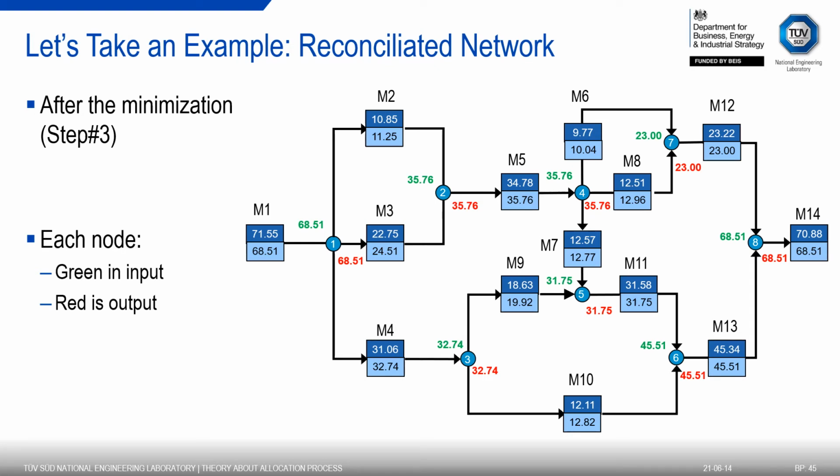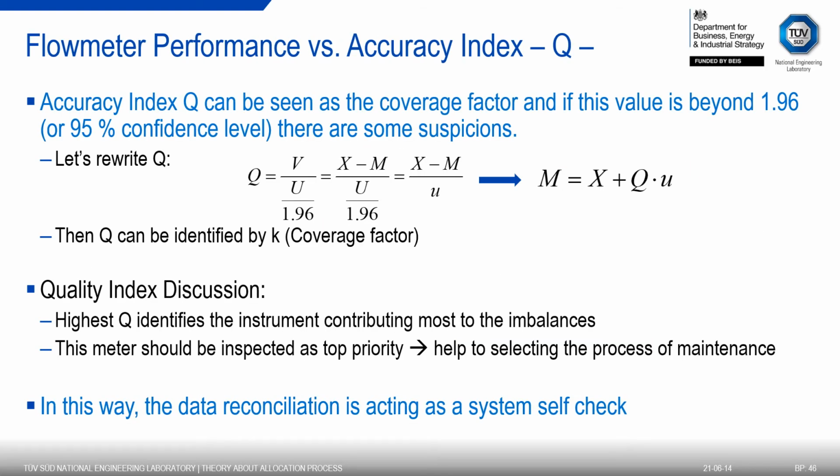So you can see how you can feel uncomfortable if you need to change your physical measurement. Usually this is very high quality and you don't want to change this value. As I said, there is a way to avoid changing this number, but I wanted to show you in a broad manner how the minimization is acting, and it's acting in the same way on all the flow meters that you have in your system.